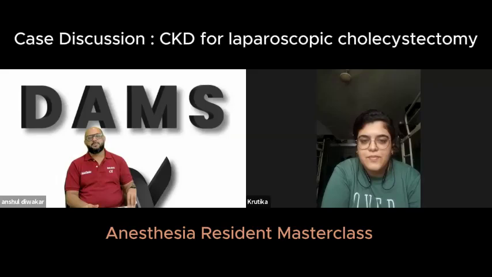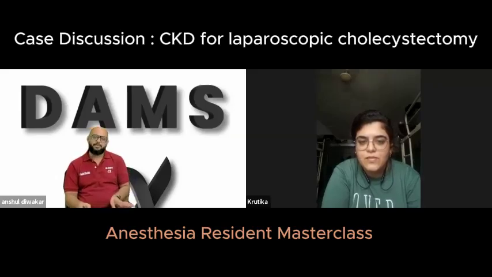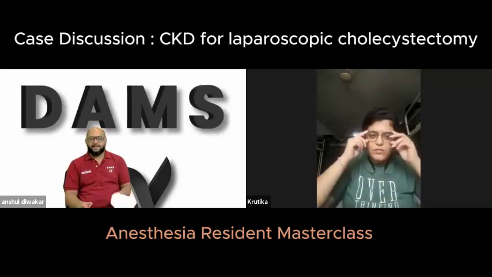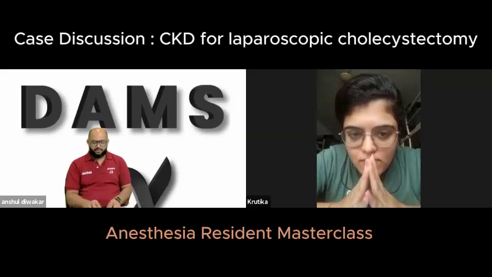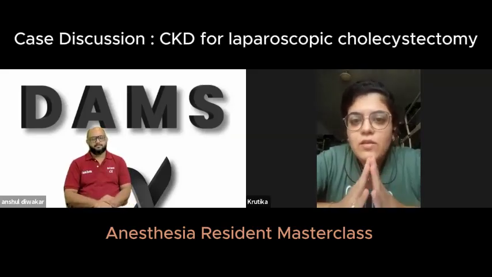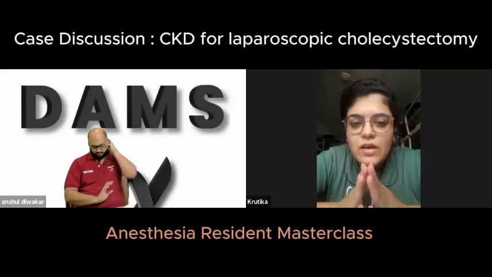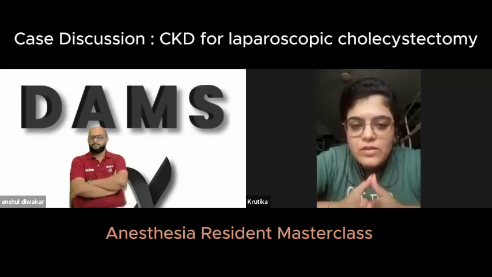How will you manage this patient for a laparoscopic cholecystectomy? Describe to me the anesthetic management of a CKD patient that you have for a laparoscopic cholecystectomy. Now start. Okay. So there are some patient-related concerns, there are surgery-related concerns and pathology-related concerns.